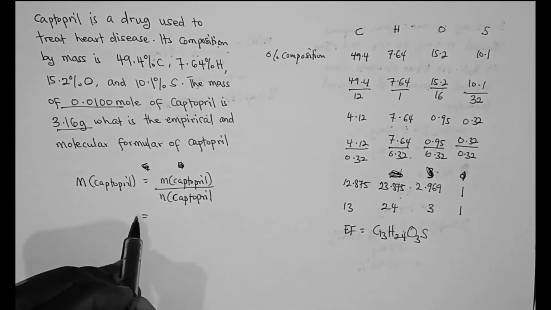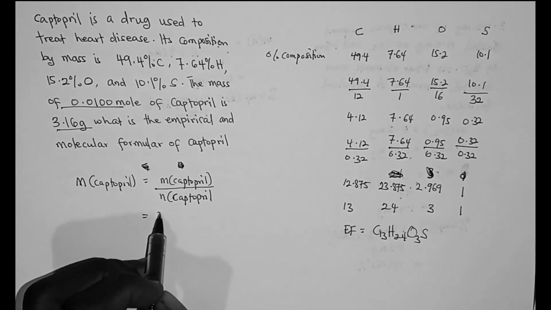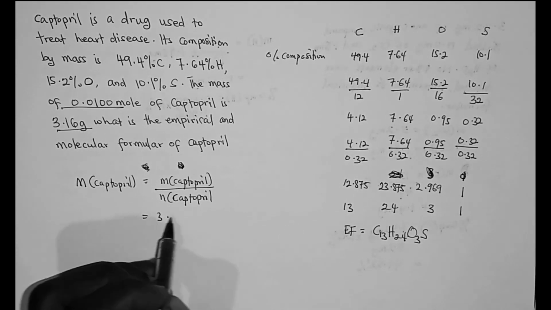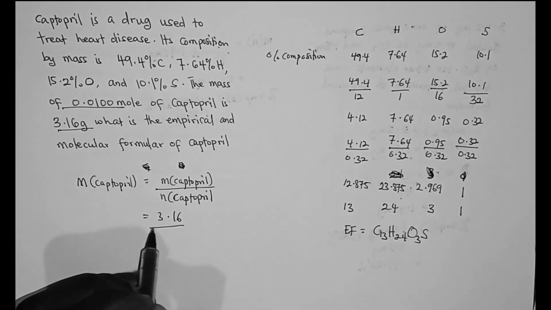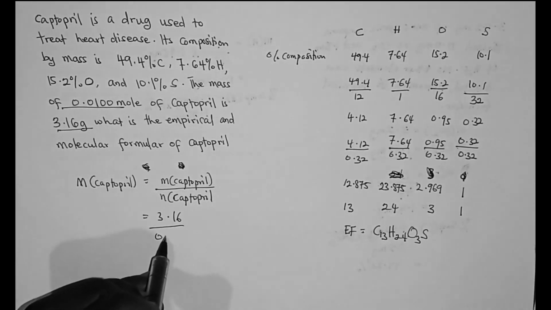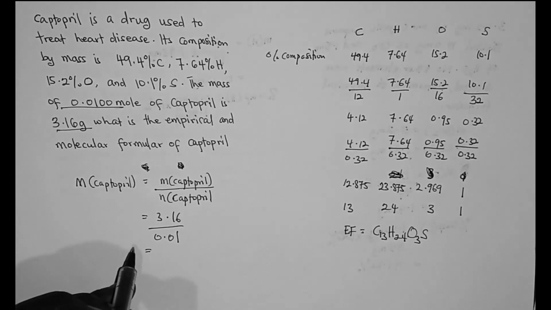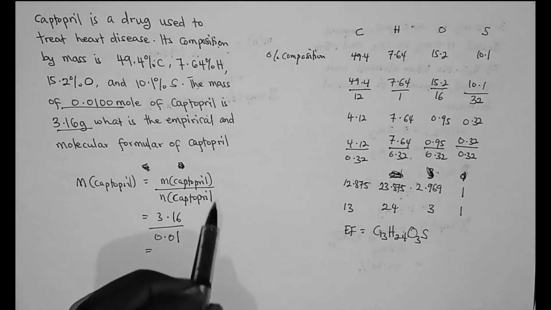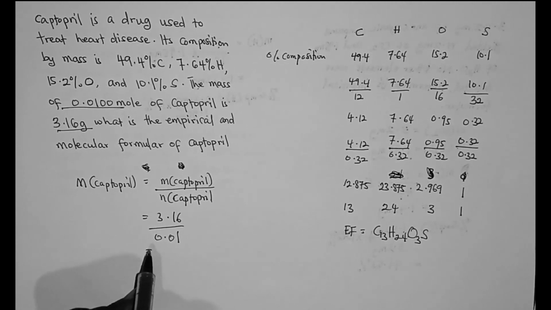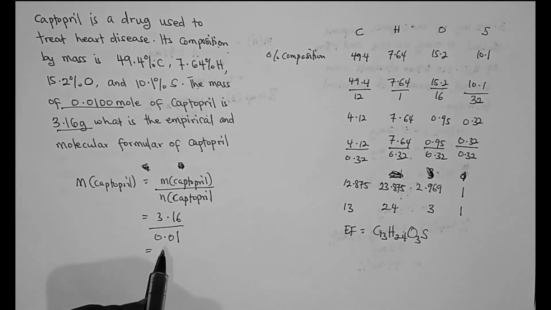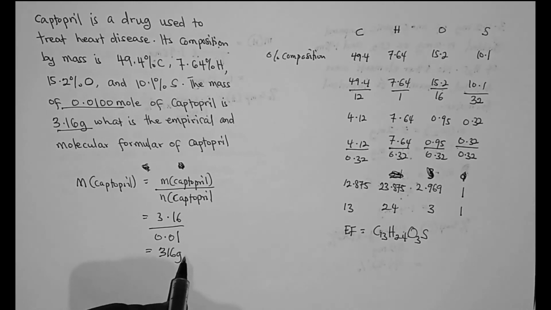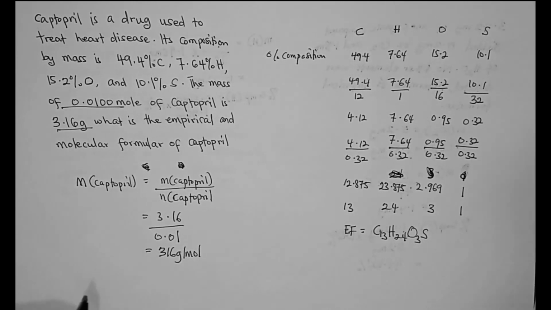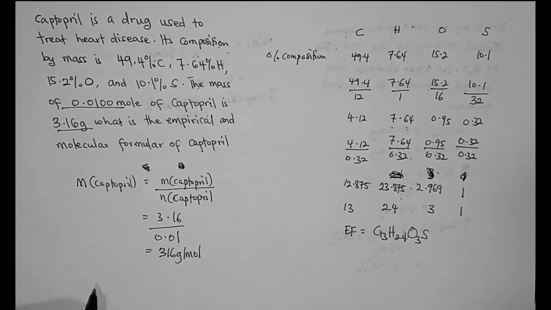The mass is 3.16, and the number of moles is 0.01. So 3.16 divided by 0.01 is 316 grams per mole. So this implies that the molar mass of captopril is 316 grams per mole.